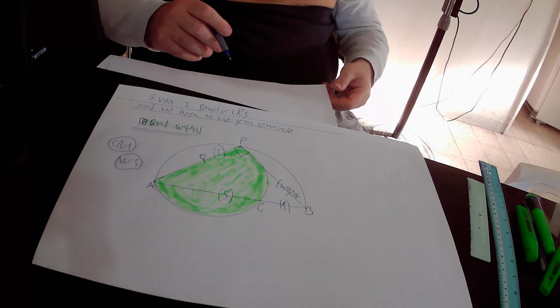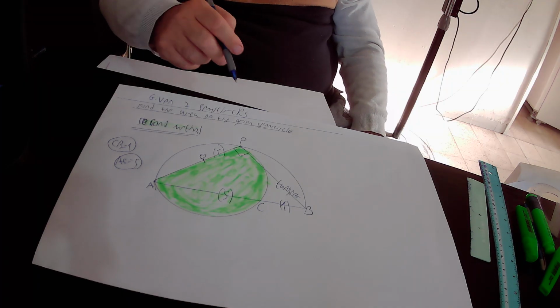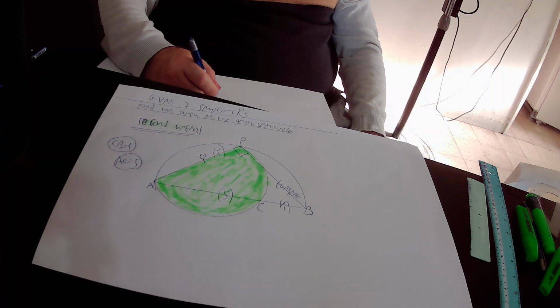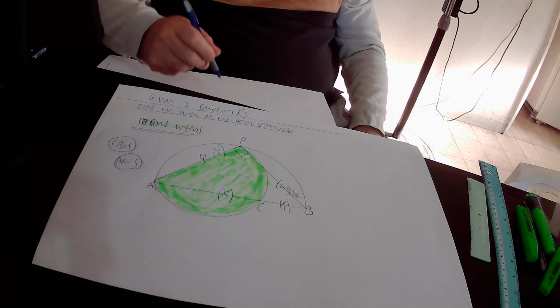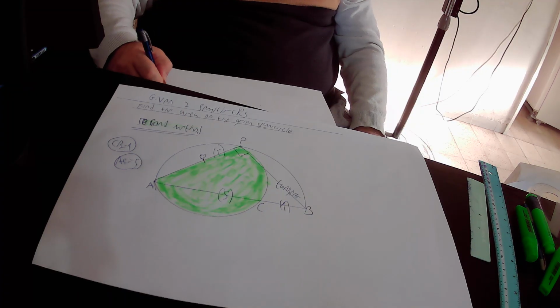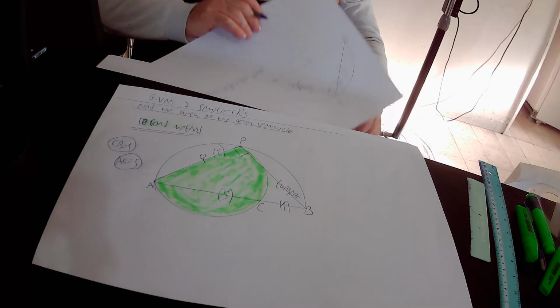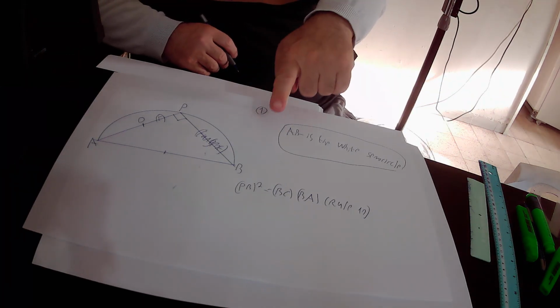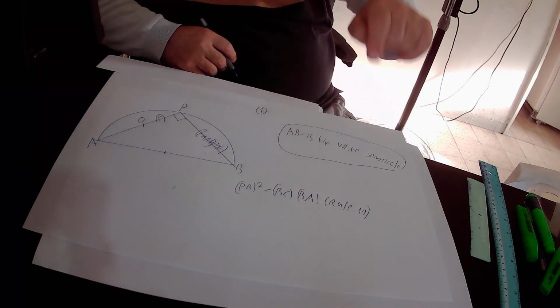According to rule 10, PB square equals BC times BA.